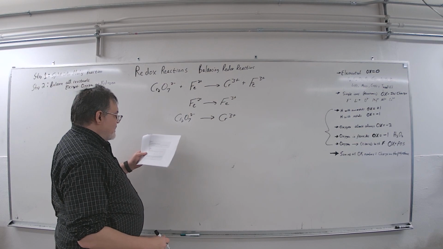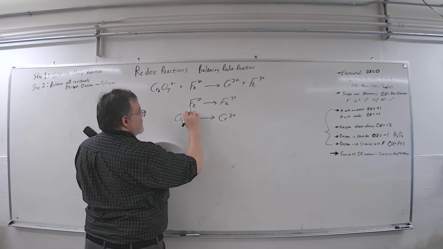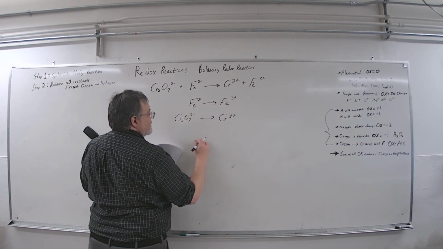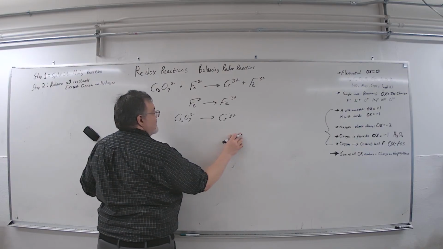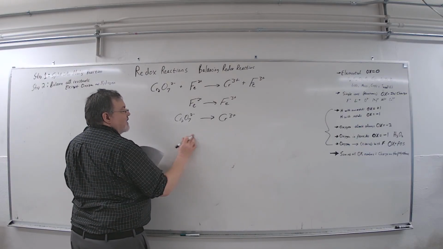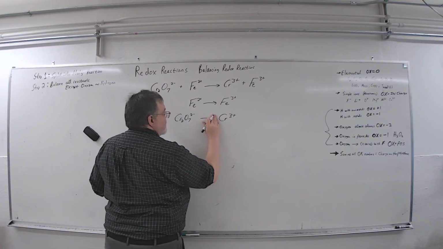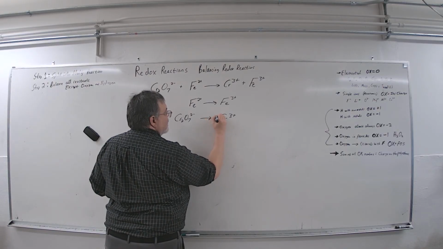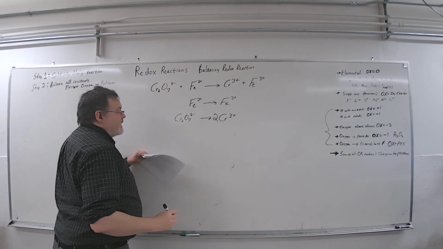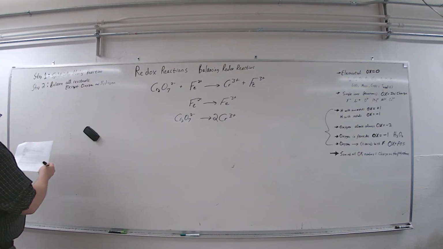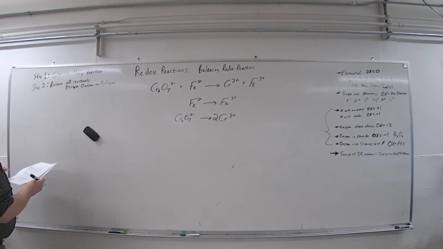Fe is good because there's one Fe and there's one Fe. To balance the Cr, you've got 1 Cr over here and 2 over here, so we're going to put a 2 here. That's the next step. Next, we're going to add water.